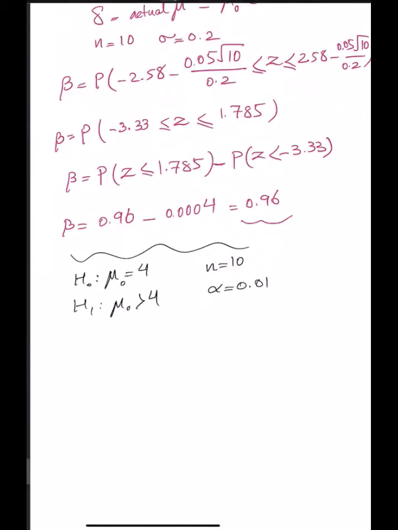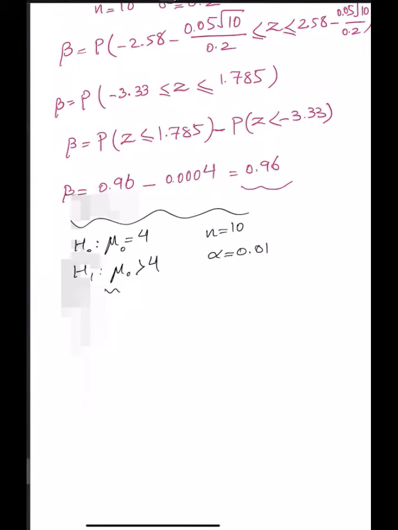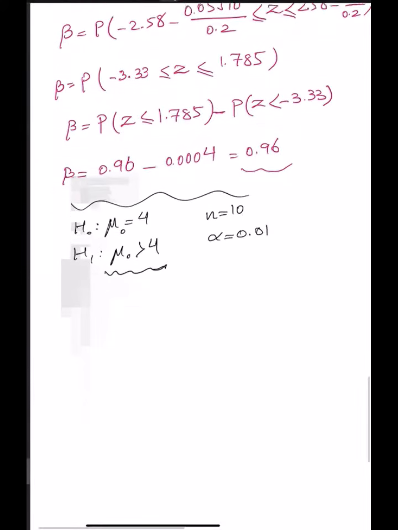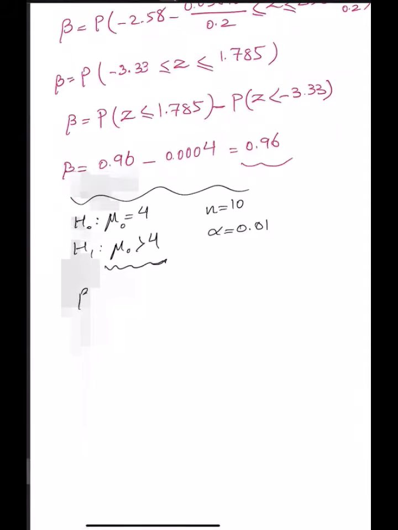And we want to calculate beta, or the probability of type 2 error, in this scenario. If the alternative hypothesis is in this form, then the formula for beta is going to be the probability of Z less than or equal to Z alpha minus delta square root of n over sigma.